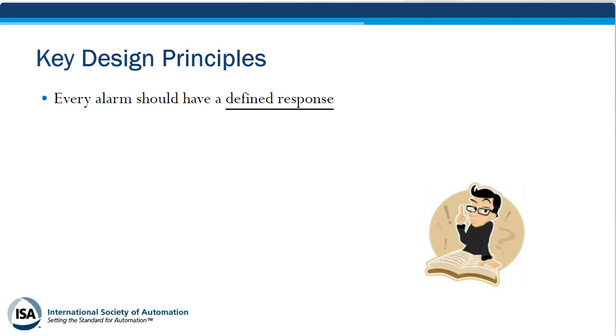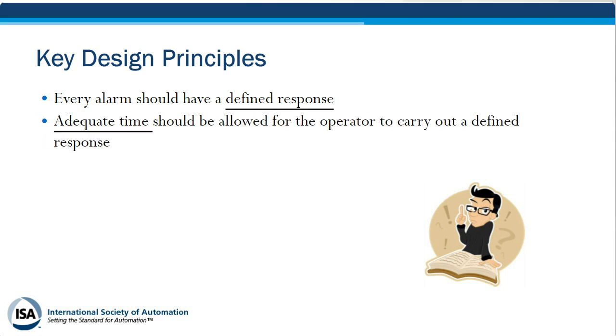You have to have adequate time for the operator to carry out whatever that response is. That's critical. If what they need to do takes longer than you have to get the process in control, then an alarm maybe isn't what you want to implement. Sometimes you may want to look at something else, like a SIS system or some other means to mitigate that process hazard.